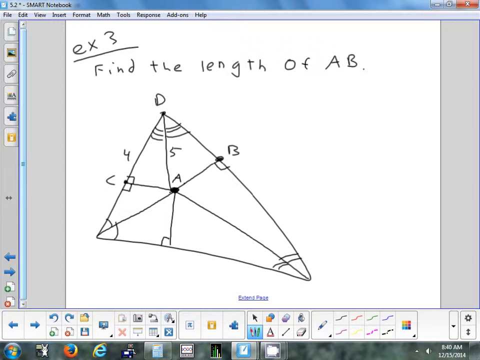Okay, so looking at point A. Who can tell me, is point A the incenter or the circumcenter? Luke? Yep, it's the incenter. The reason you know that is the segments that I've drawn, I showed them as angle bisectors.